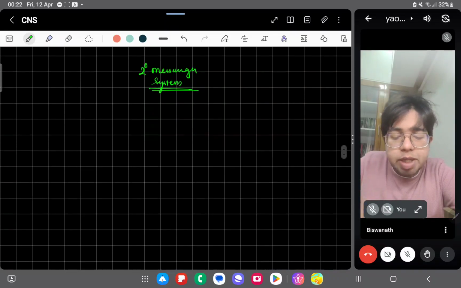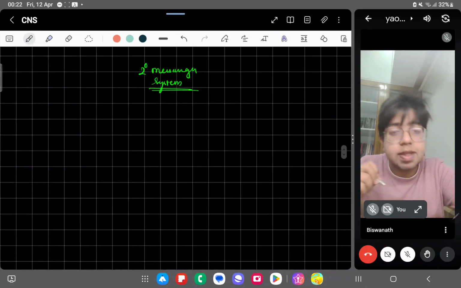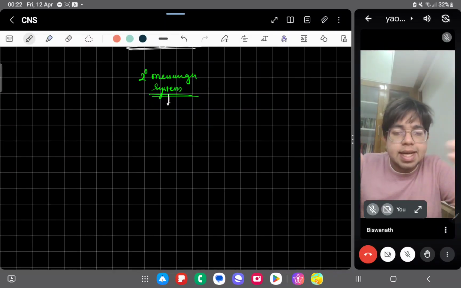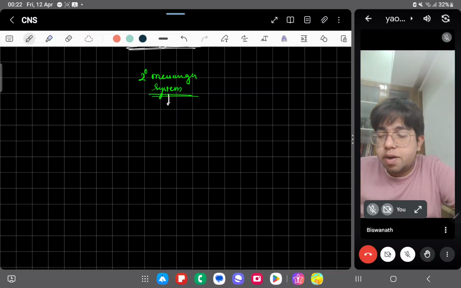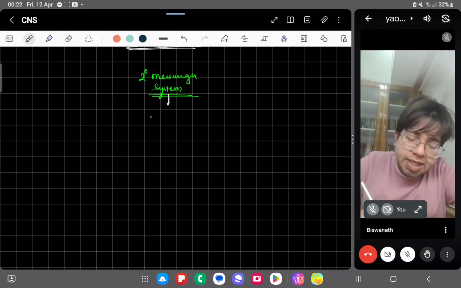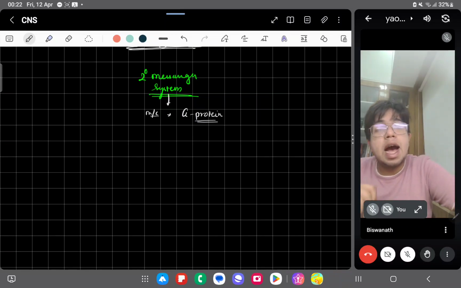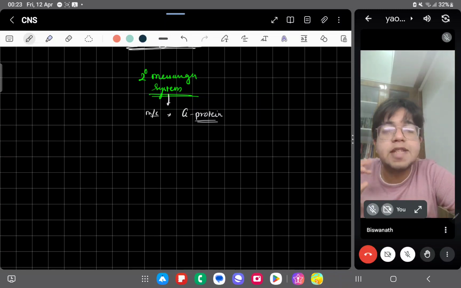Give the heading second messenger system. Let's learn about second messenger system. So most commonly the second messenger system, there are many types like JAK-STAT receptors and many others. Okay, basically the most common type is the one using G protein. And how this G protein complex is formed, we'll see.